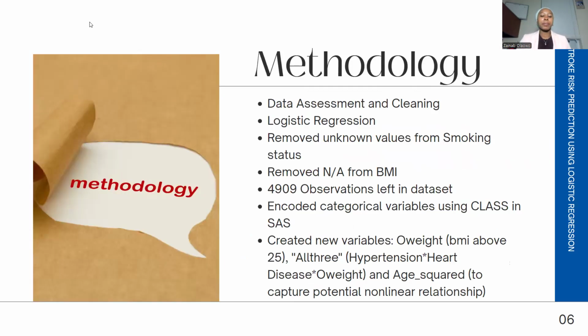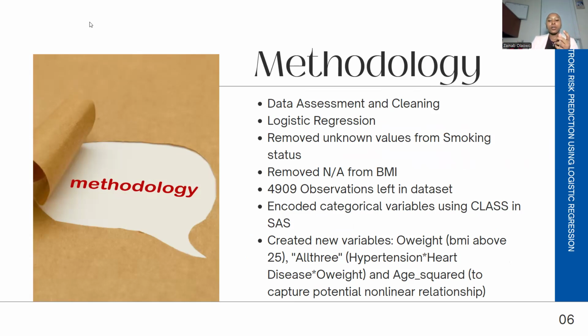My methodology here is to clean and assess my data, do my logistic regression, and remove all of the unknown values. We had some unknown values from smoking status, and also some non-applicables from BMI. After I removed all of these, my observations went from 5,110 to 4,909.